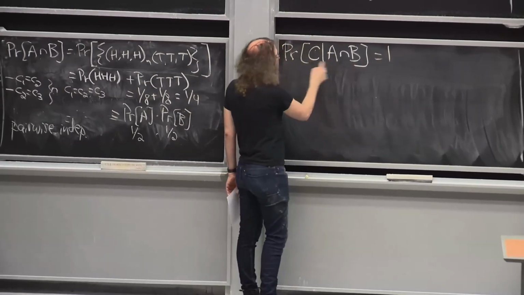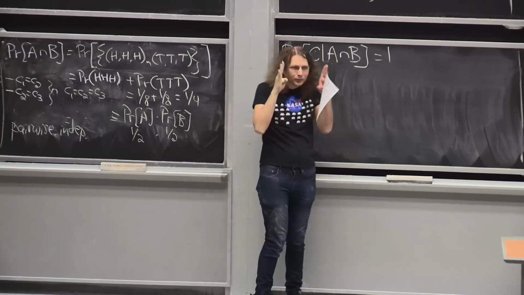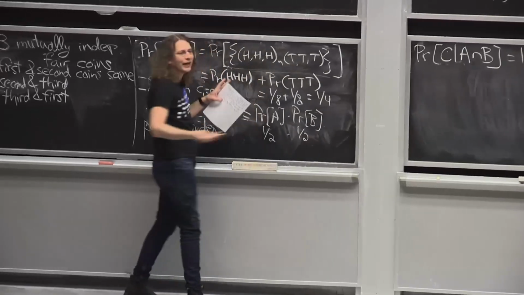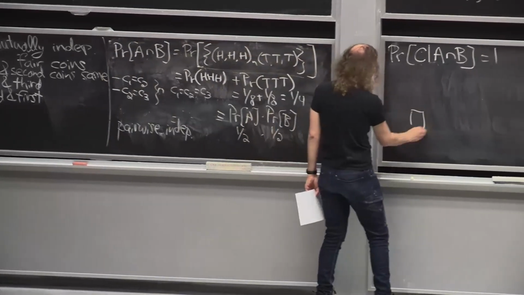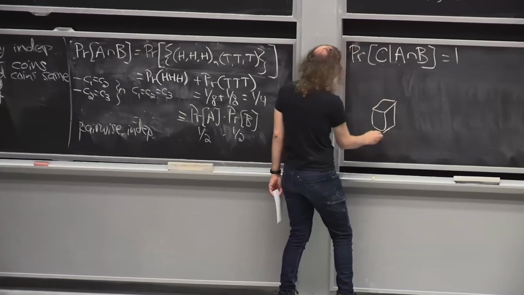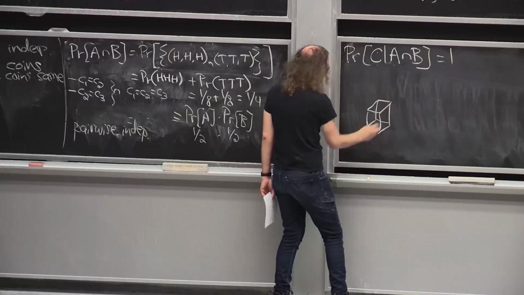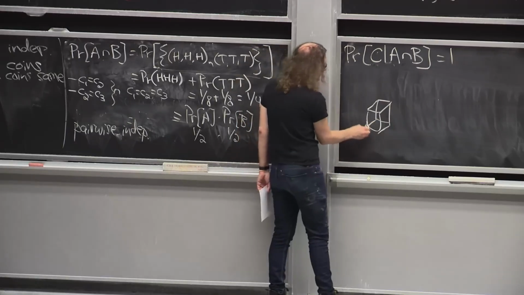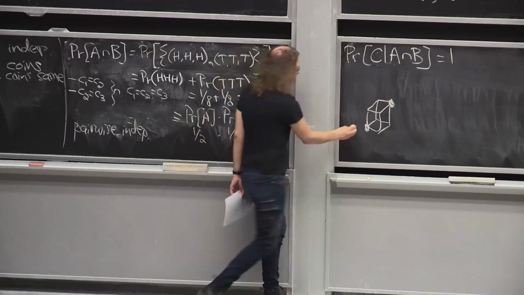Remember, this notation means compute the probability of this event, zooming into the special case where A intersect B is true. So that in the sample space has 8 possible spots. It's like a cube, I guess. Each axis is heads or tails. So there's also a back face here. And what we're saying here is A intersect B is just the two extremes, heads, heads, heads, tails, tails, tails.